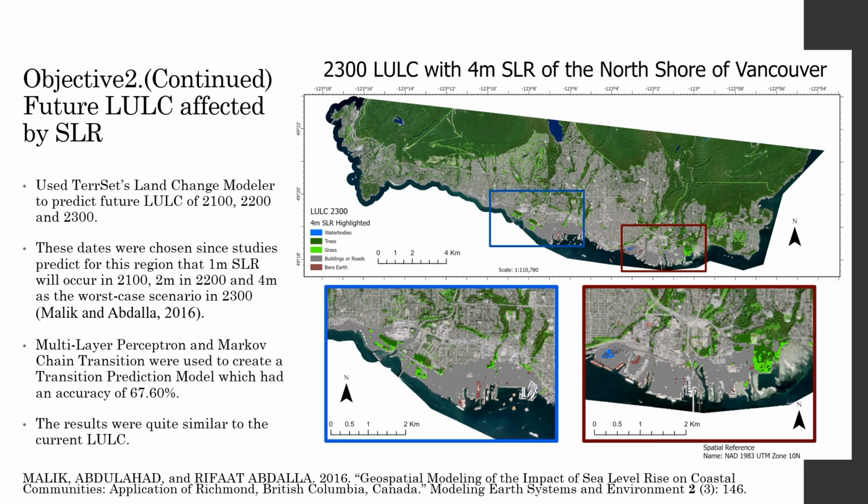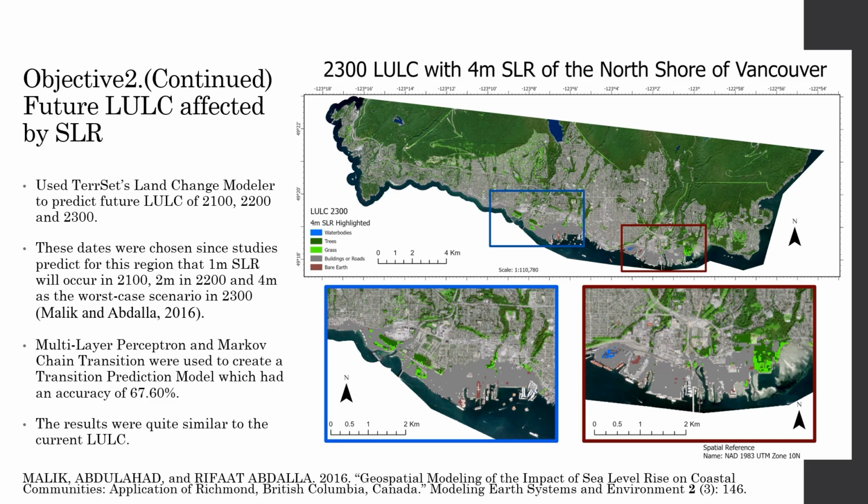The land change modeler used the 1991 and 2006 land cover maps as well as other maps that I created, such as distance from roads, to loosely predict the future land use. The 2011 LULC was used to validate results.